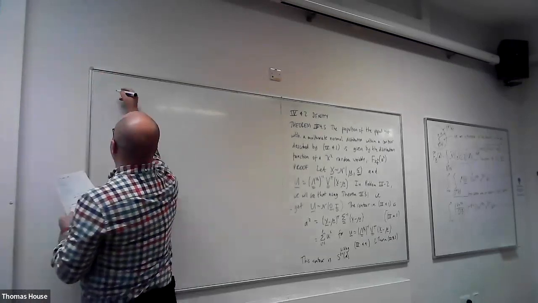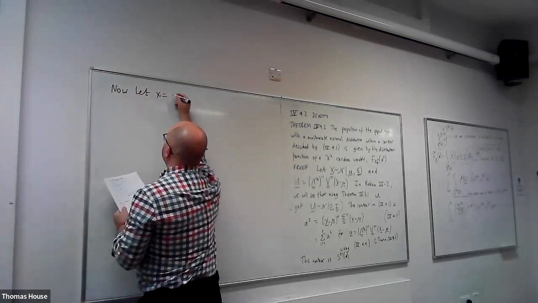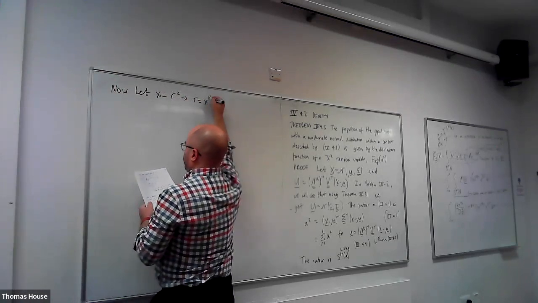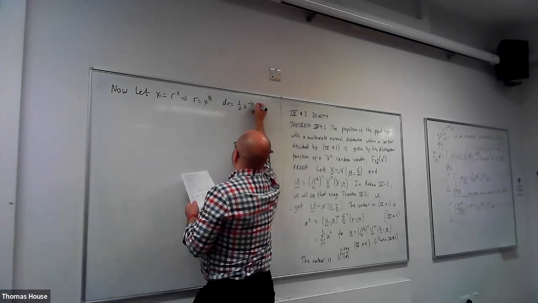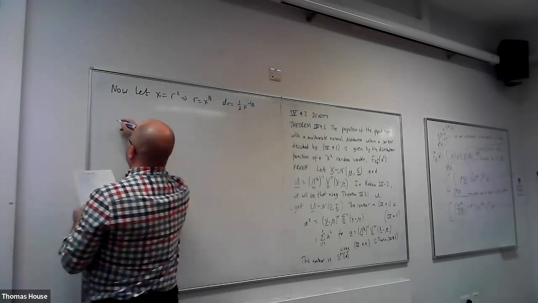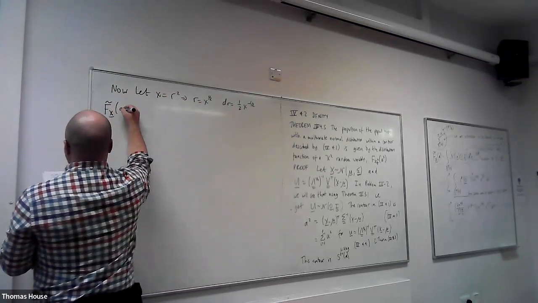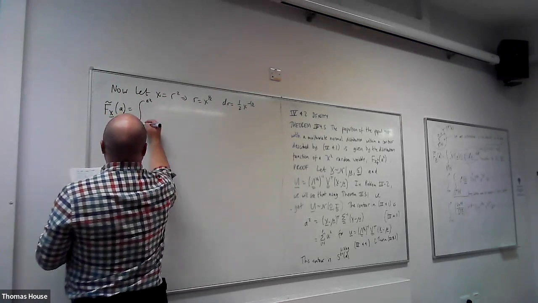Okay, so now let x be r squared, so r is x to the half and dr is a half x to the minus a half. Then in those coordinates, f tilde x of a is the integral from x is 0 to a squared.